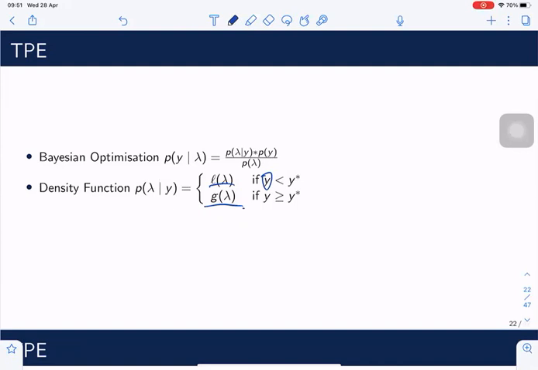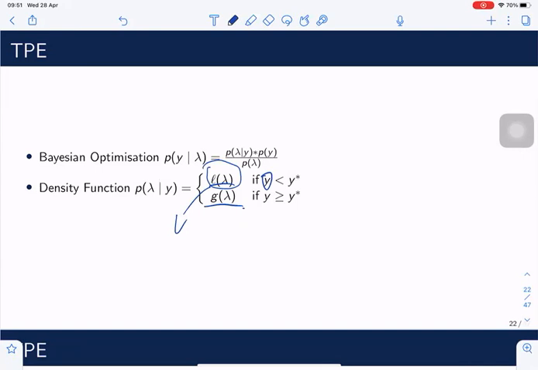Because we model the hyperparameters directly, we can use this function, because the hyperparameters modeled in this function are what we want, right? Because they are good, because their loss is less than the threshold. And we can use the function L to draw many samplings. And after we draw the samplings, we want to choose the most promising one.